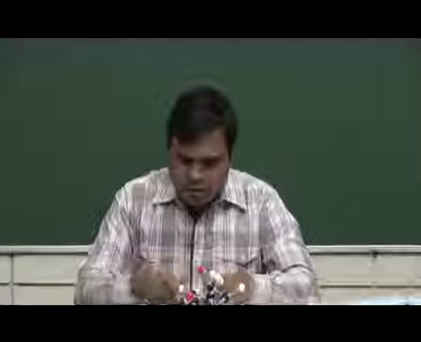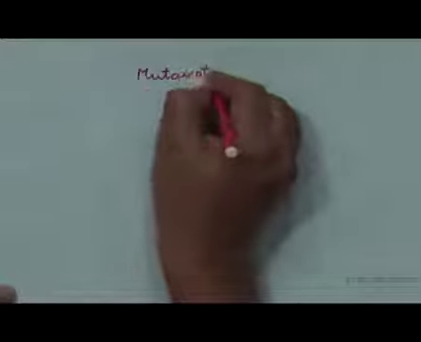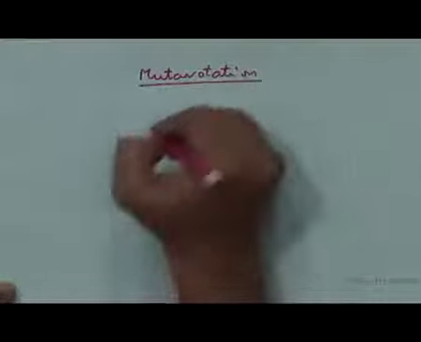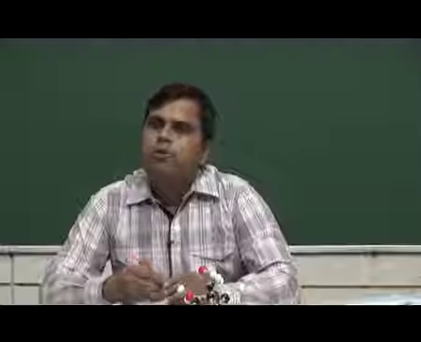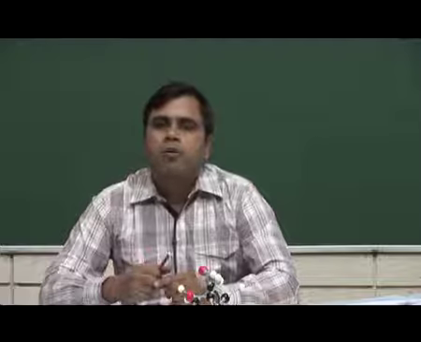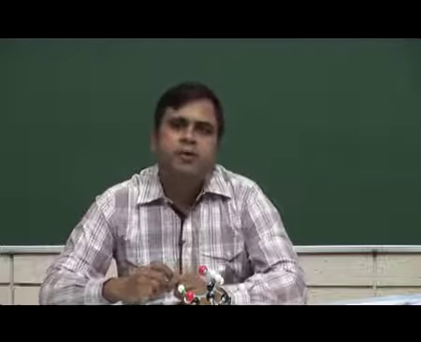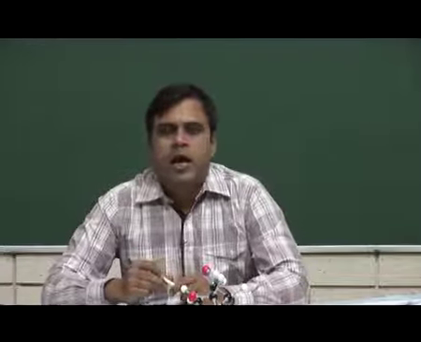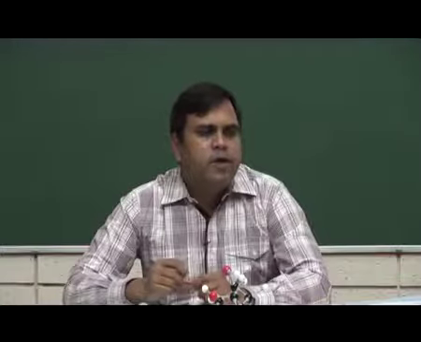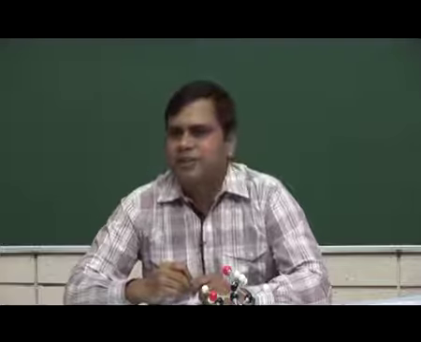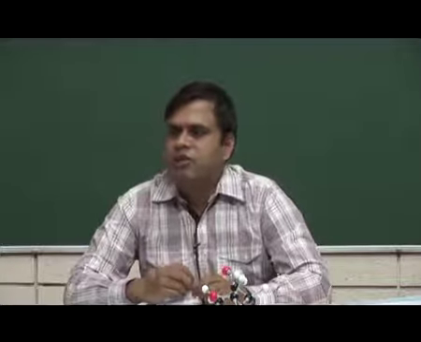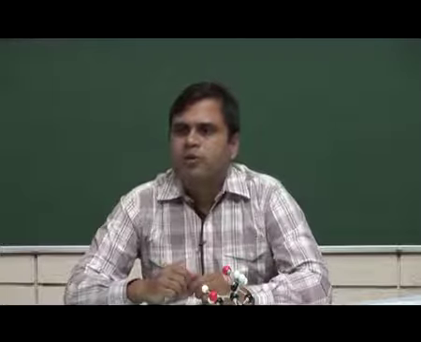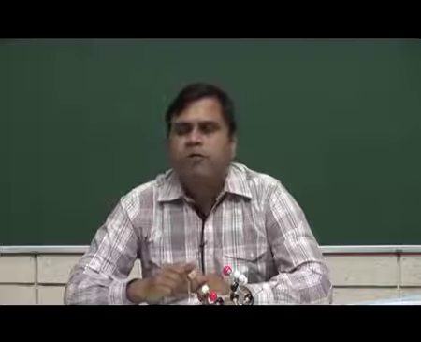Now, I will talk about mutarotation. As I mentioned, glucose in open chain form is very different from the cyclic structure, and in reality it remains as a mixture of the cyclic structures, the acetyl structure I just discussed with you, because of the cycle formation due to the reaction of the aldehyde and hydroxyl of the same molecule.